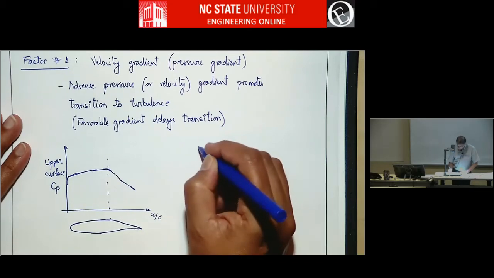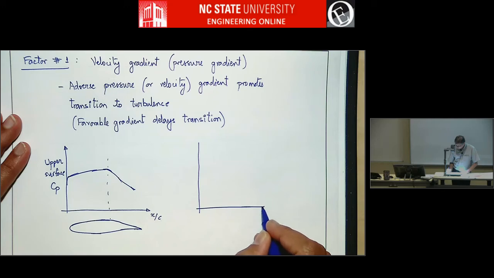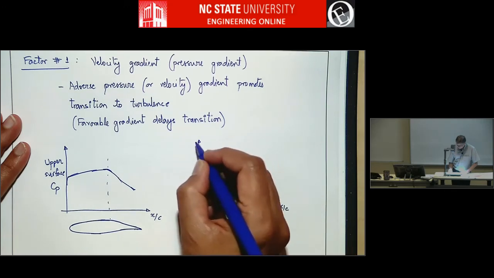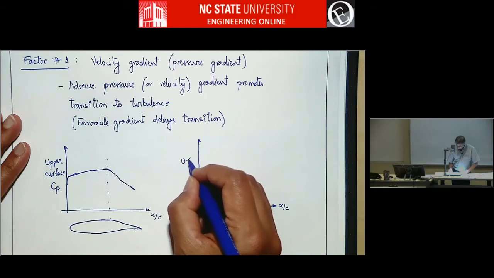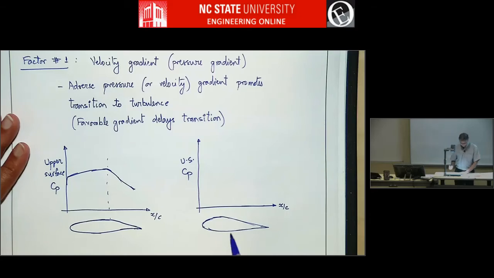And then let's look at another airfoil where this airfoil has got adverse pressure gradient from much earlier along the chord on the upper surface.